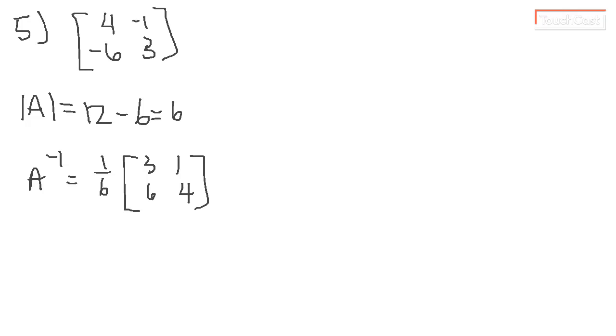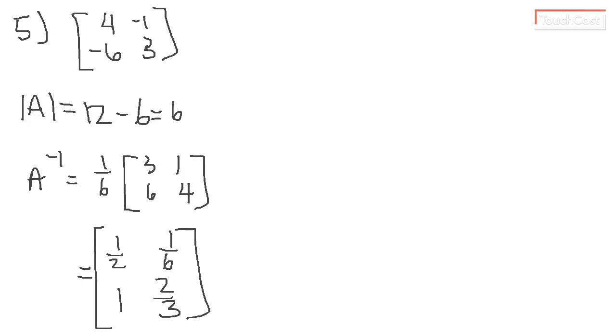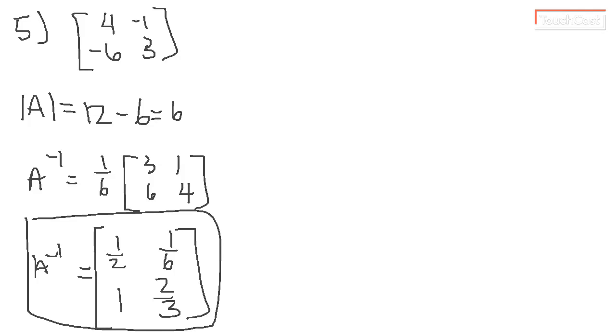Now we multiply everything by a sixth. 1/6 times 3 is 1/2. So our first element is 1/2. 1/6 times 1 is 1/6. 1/6 times 6 is 1. And 1/6 times 4 would be 4/6, which if we simplify, we get 2/3. So our inverse matrix is 1/2, 1/6, 1, and 2/3.